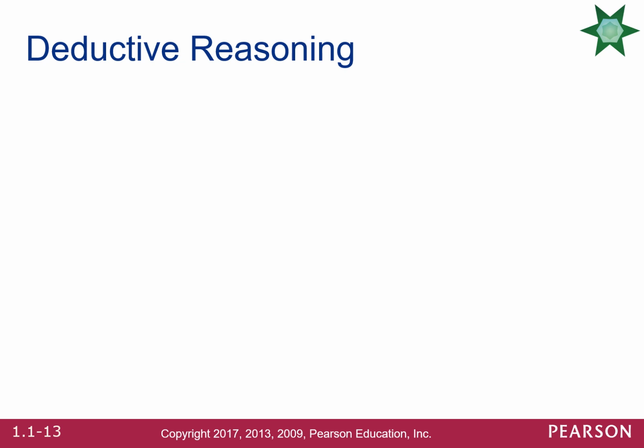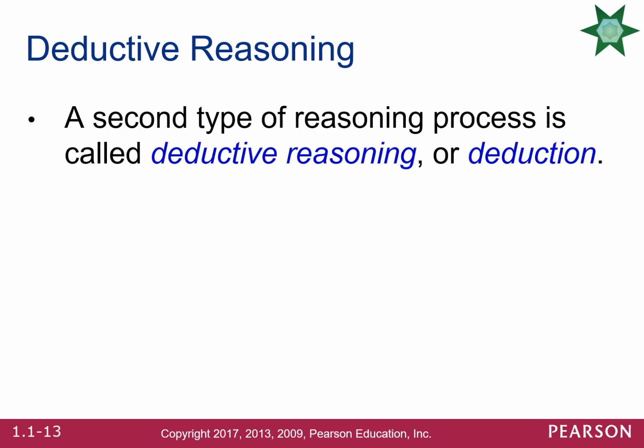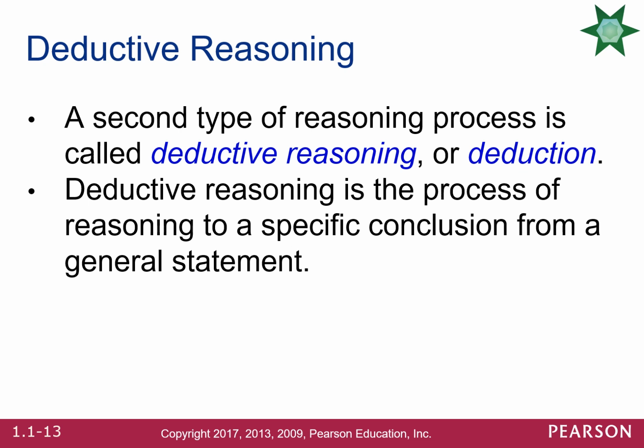Now we'll talk about a second kind of reasoning in critical skills or critical thinking. It's called deductive reasoning. In deductive reasoning, we start with a general statement or a general idea, and from it we draw specific conclusions.